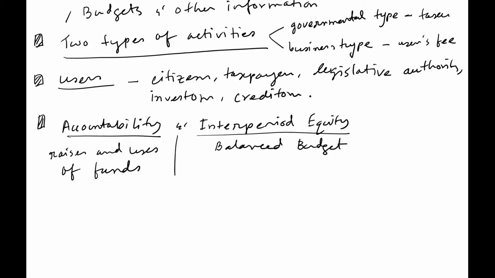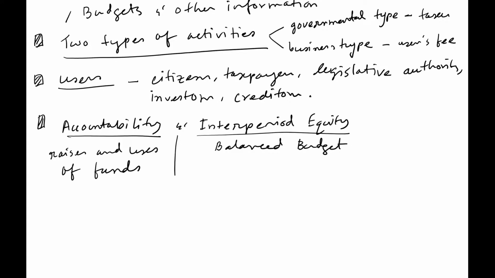So they can judge whether the current period's revenue is sufficient to pay for the services for the current year, or whether they have to transfer the burden to future taxpayers.